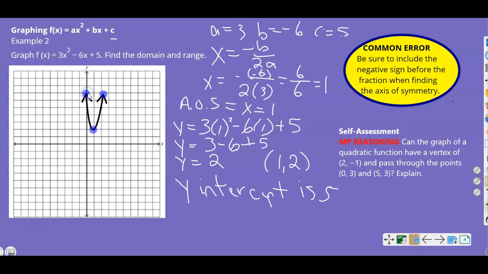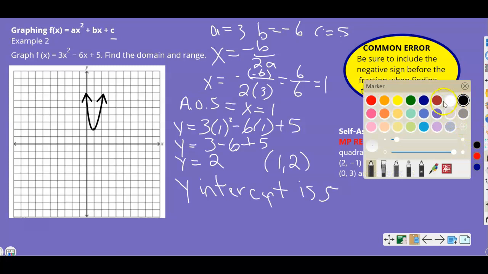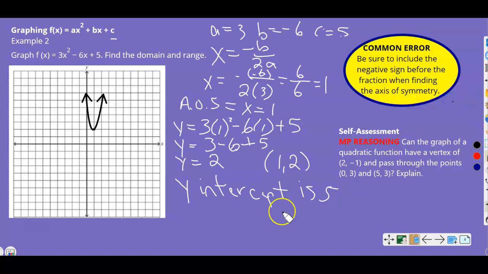All right, now we know that we can also choose x's to the left or to the right of the ones we have and get more points. So that's why there's an arrow on the end of here. So in order to find the domain and range, we can look at the graph and quickly determine them. The domain, you see it goes to the left and to the right.